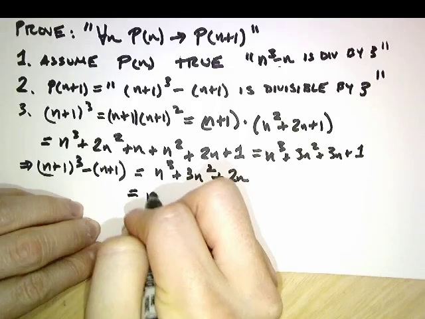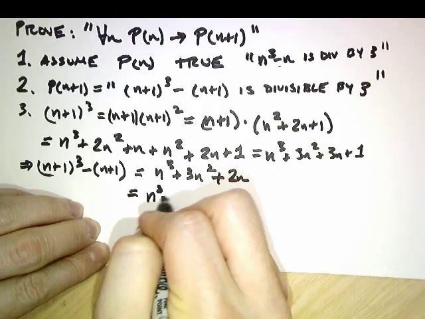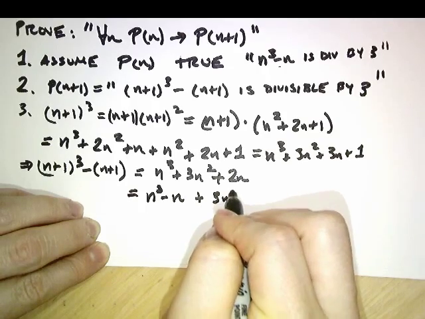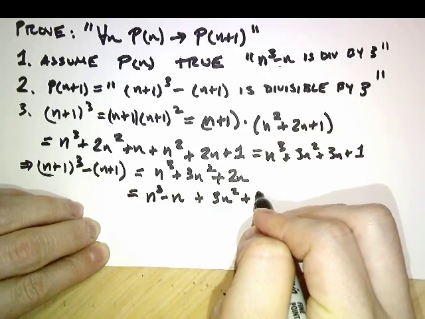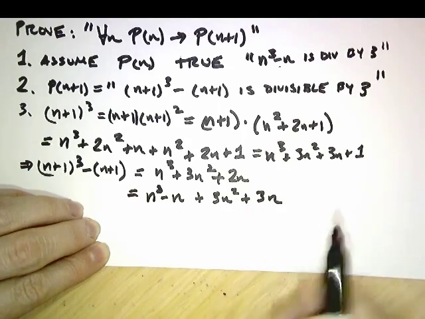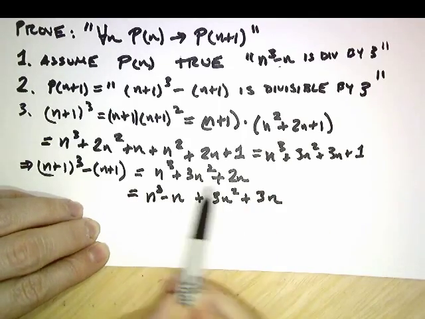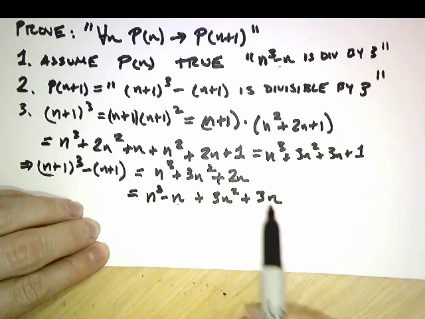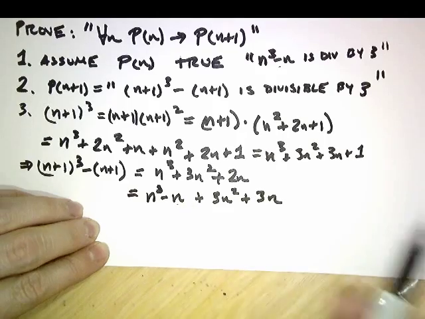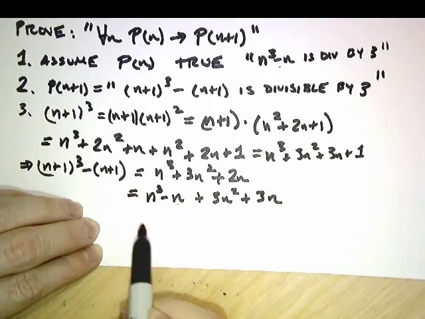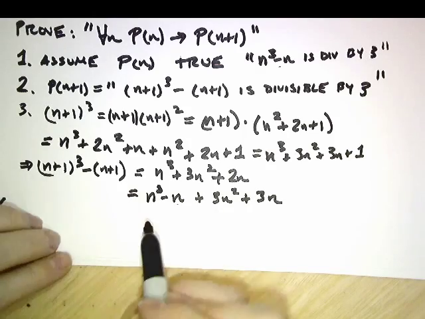This is equal to n cubed minus n plus 3n squared plus, now I'm going to add back what I subtracted, 3n. So see what I did here? I took this expression and I subtracted n and then I added n. So that's totally legal.